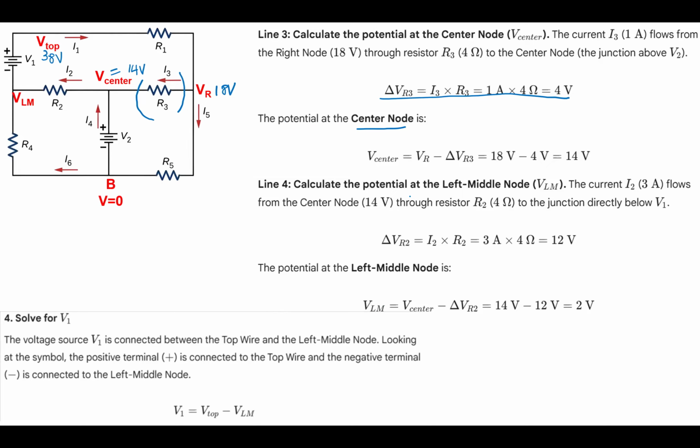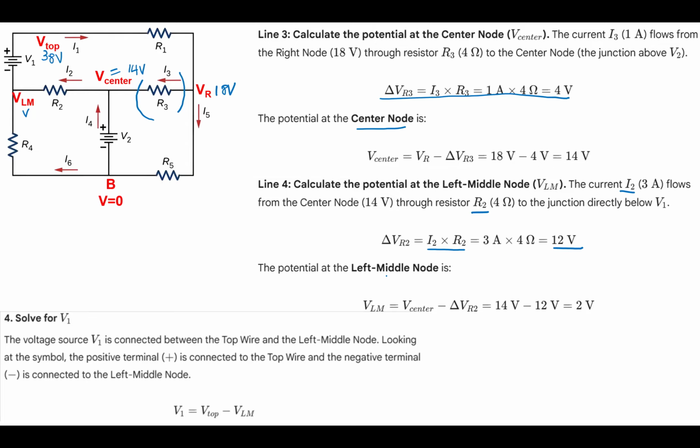And then calculate the potential at the left middle point, left middle node, VLM. And we note that it is I2 and R2. So this will give us the voltage drop, this much, okay?